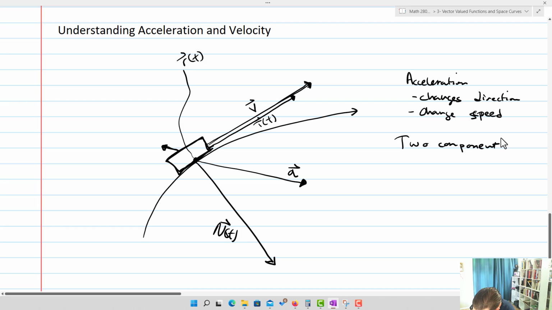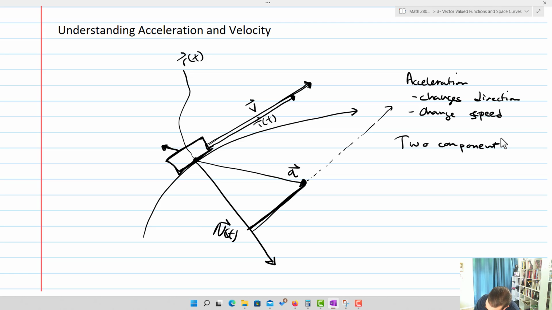Our acceleration vector is going to have a part that is in the direction of the tangent. Let me redraw that. And it's going to have a portion that's in the direction of the normal.